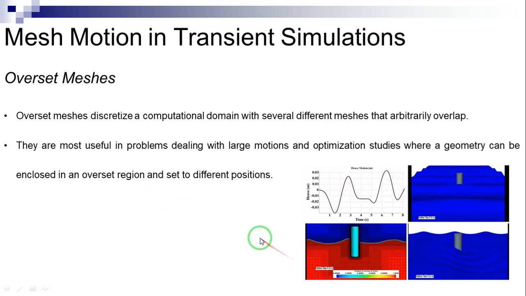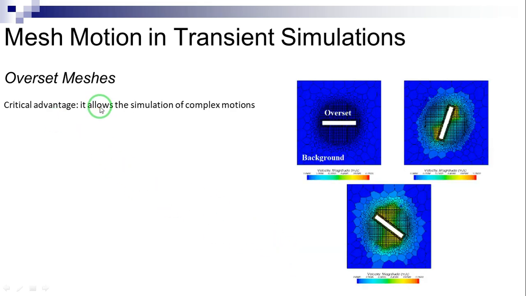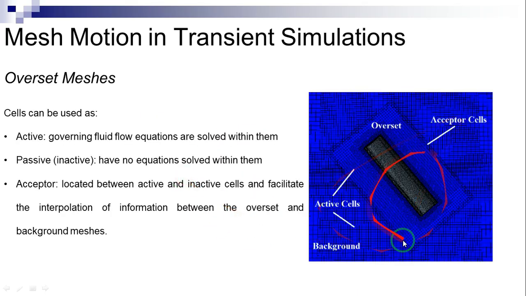A critical advantage of the overset mesh technique is that it allows the simulation of complex motions. As shown in this figure, depending on their position within the computational domain, cells can be used as active, passive, or acceptor cells. Active cells are used for the simulation and the governing fluid flow equations are solved within them.